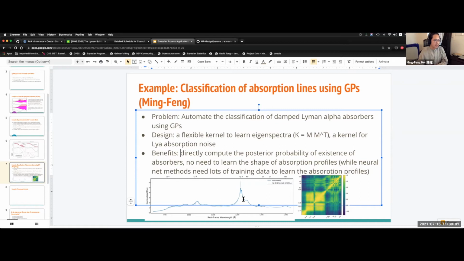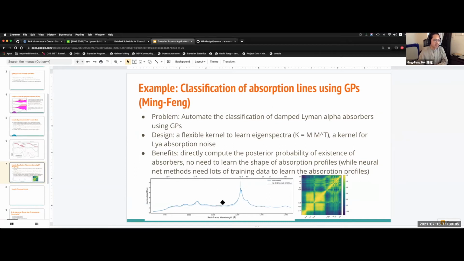You have this Gaussian process model in the rest frame, and you can use this model to sample different redshifts to see which redshift gives you the best likelihood. You can use that to infer the redshift.